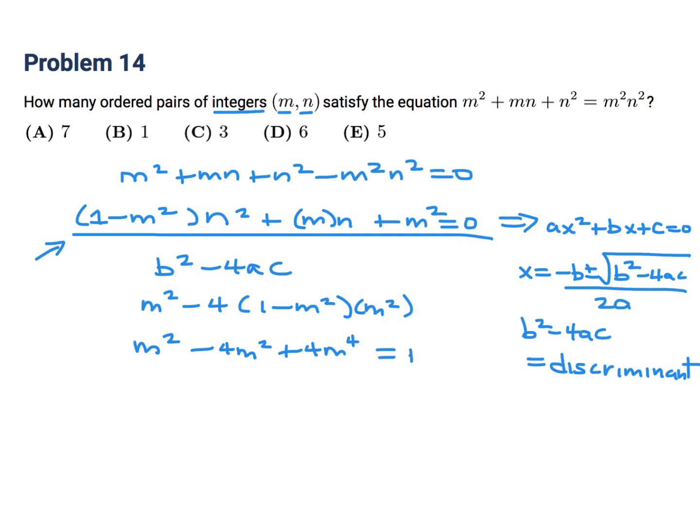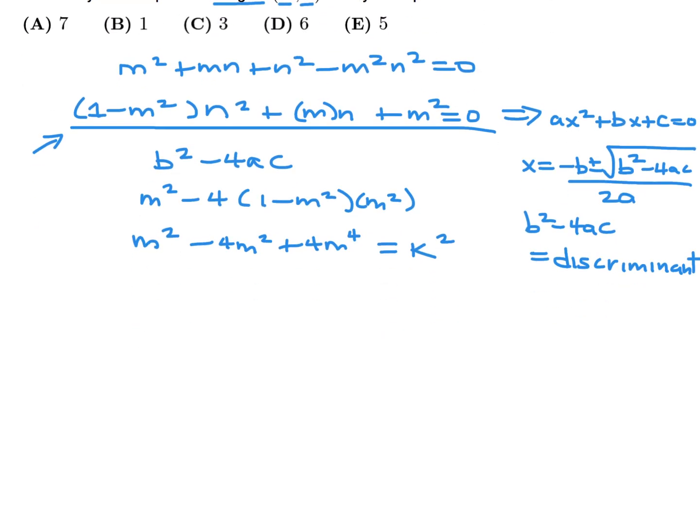So whatever, let's just call it k squared. All right, let's see what I can do here. First, let me just collect like terms and factor out an m squared. m squared times (4m squared minus 3), I think. Yeah, k squared.